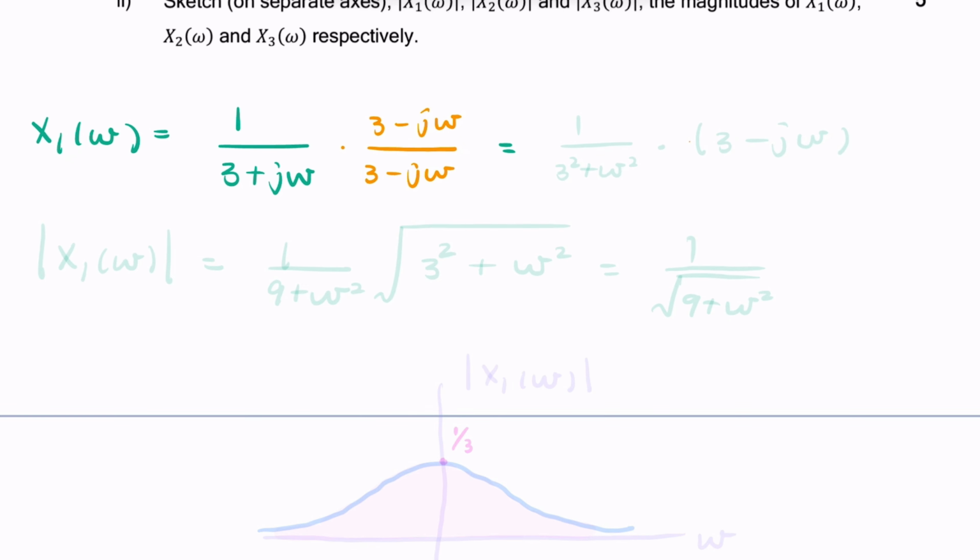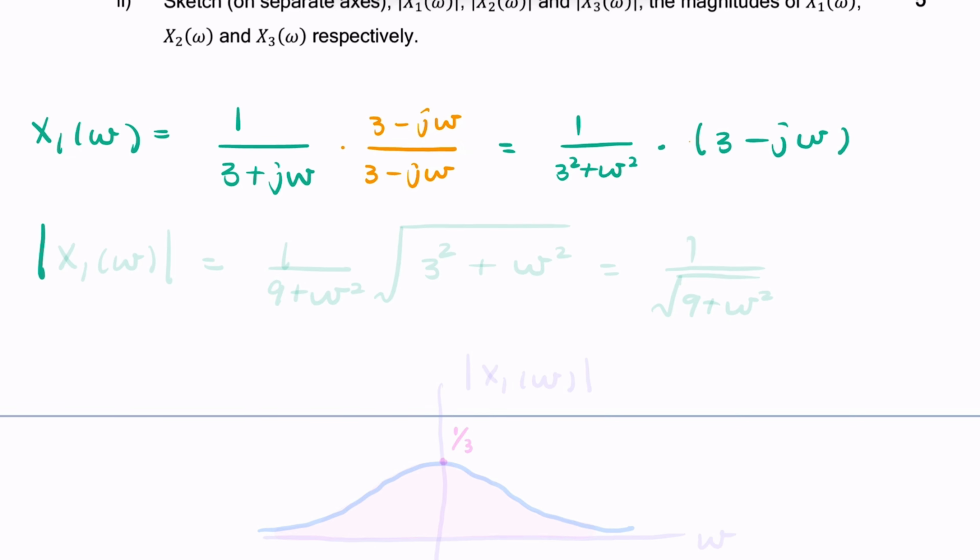So that will give us 1 over 3 squared plus omega squared times 3 minus j omega.